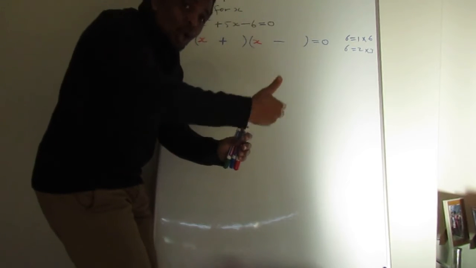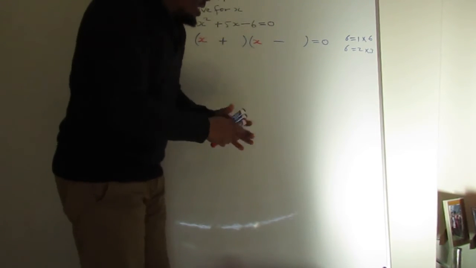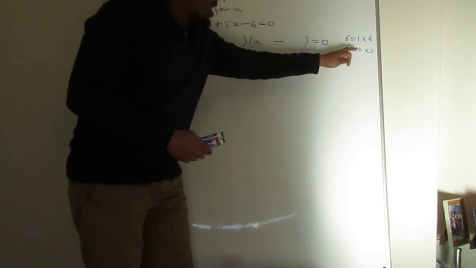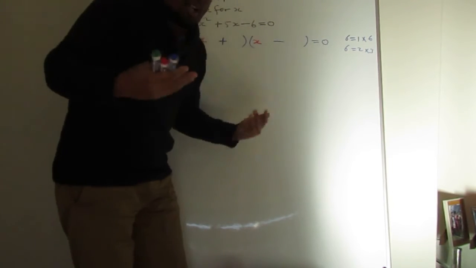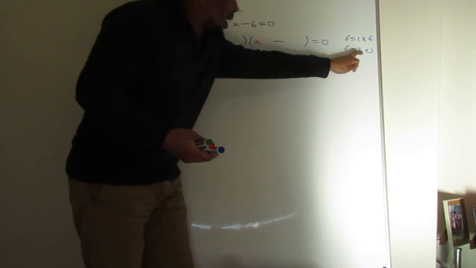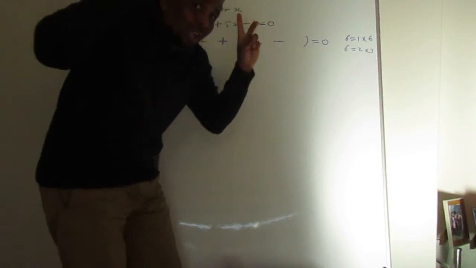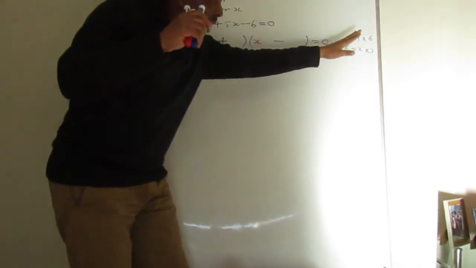If, for example, I look at my factors, 6 and 1 can give me 5 if I subtract 6 minus 1. I'm just making an example. If I were to add 2 and 3, they would give me 5. So both of those hold in this rule.